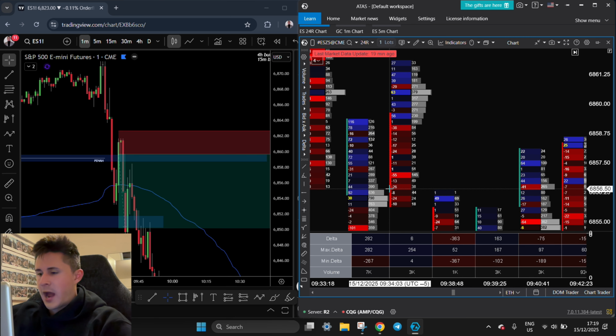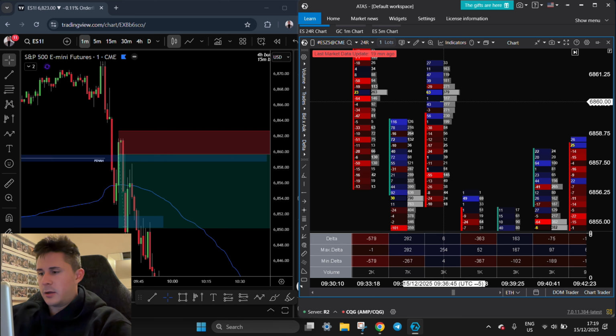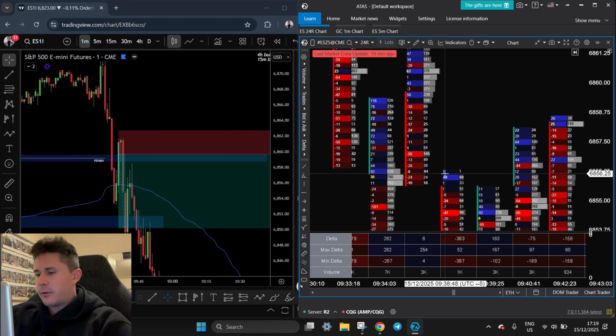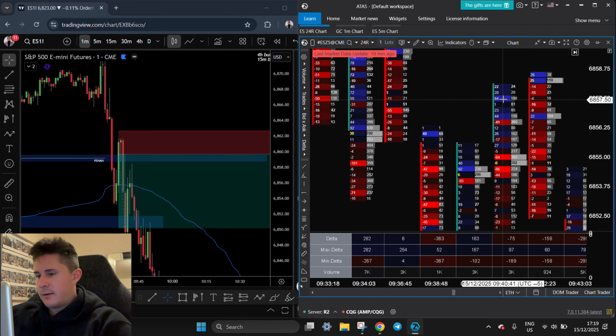The buyers are actually able to hold price above, but you see the delta numbers? They're clearly diminishing. Here they're at the absolute same, and here it went all the way from 254 to 6. So not looking good for the buyers. And you can see here that they get trapped. And then right after is when price starts selling again.